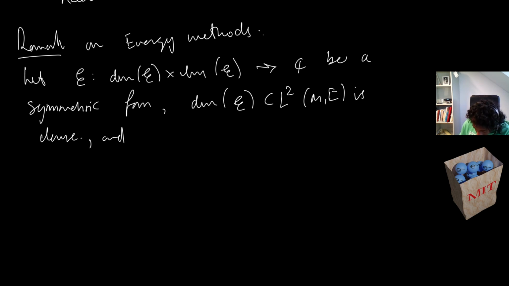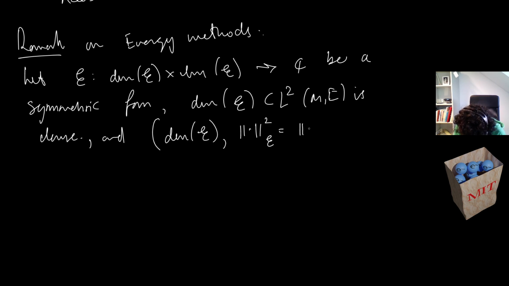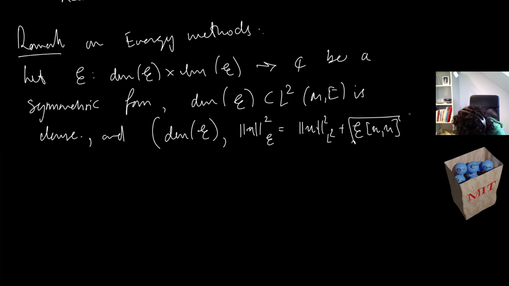And I want to say that dom E with respect to the norm that I'm giving, which is going to be, let me not screw this up, the norm squared of u in L2 plus E(u), square root, is a Banach space.